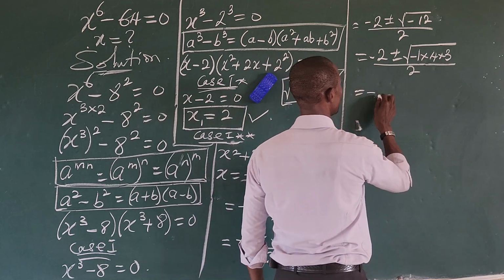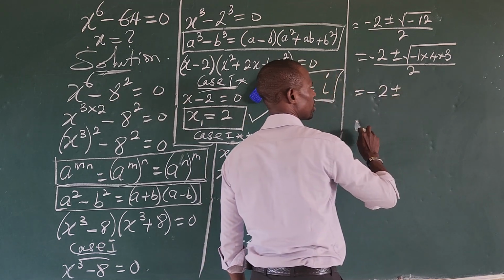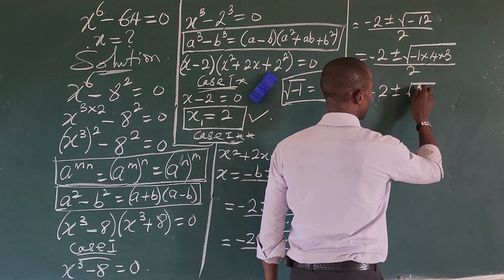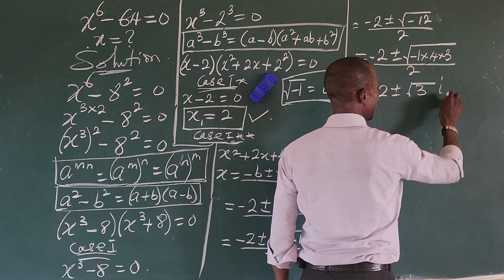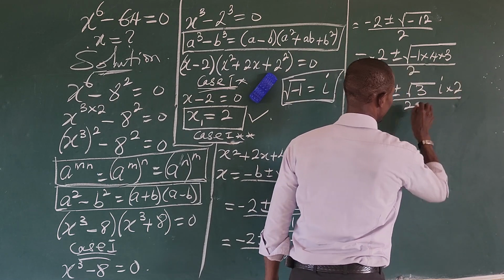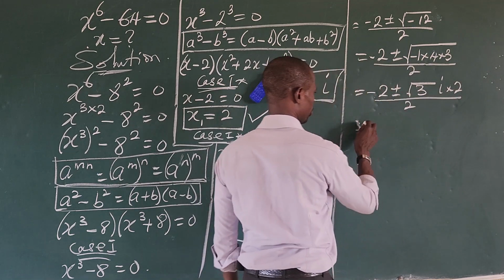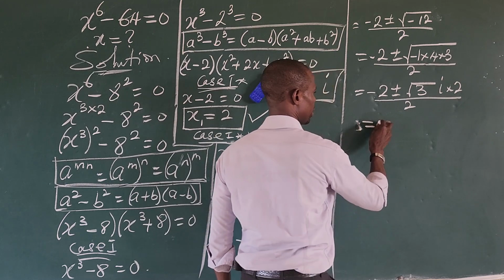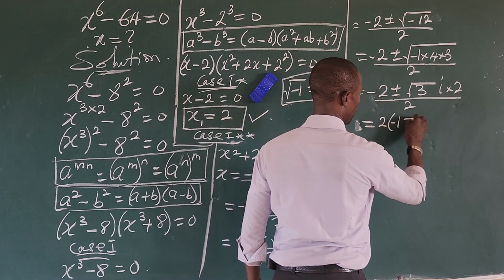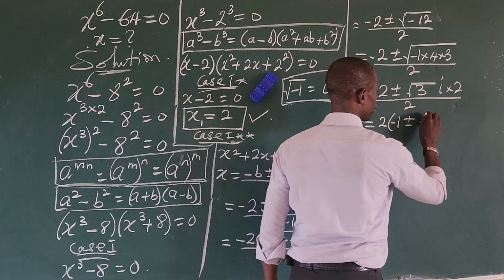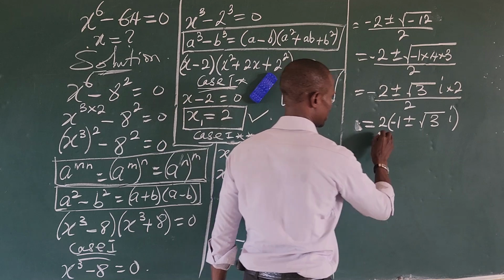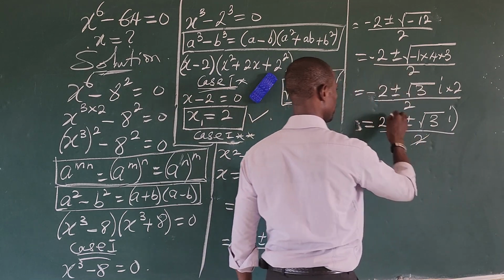So this is going to give you minus 2 plus or minus the square root of 3, then i times 2, everything all over 2 here. So from here, we can factor out 2. So this is going to give us x is equal to 2 into minus 1 plus or minus the square root of 3, the i, close bracket, everything all over 2. 2 will go with 2 here.